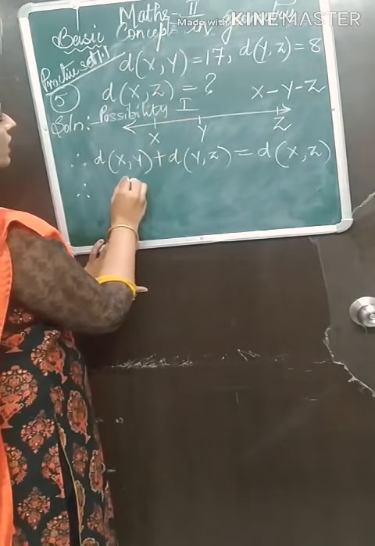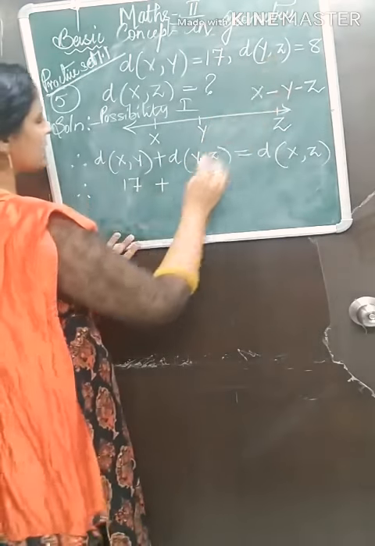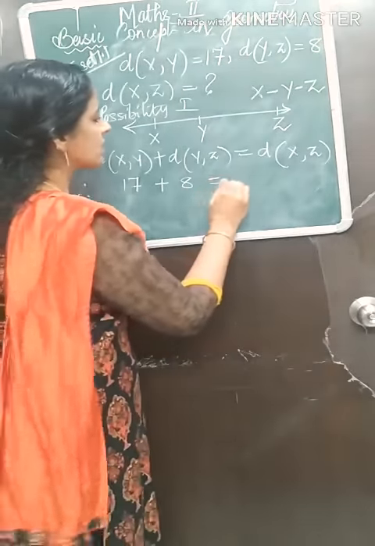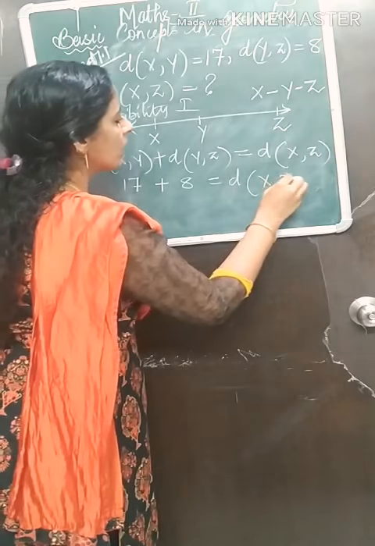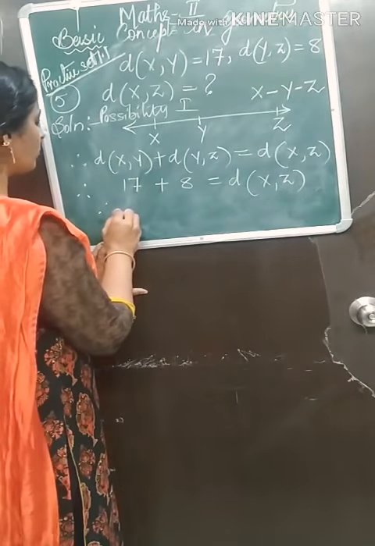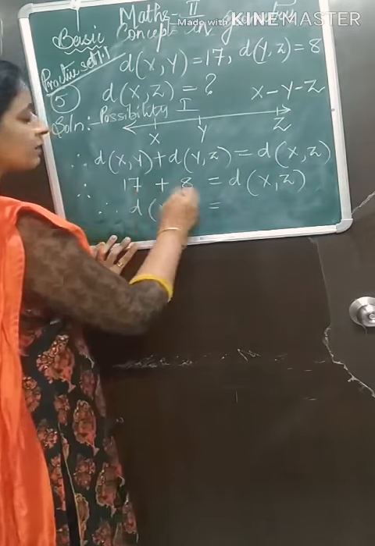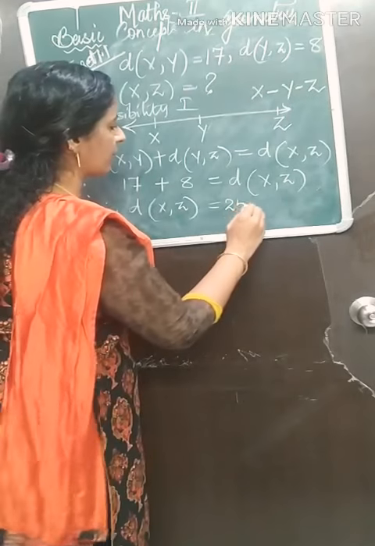Yes, x comma y is 17, plus distance between y and z is 8, is distance between x comma z. So what did you get as the distance between x comma z in the first case? 17 plus 8 is 25.